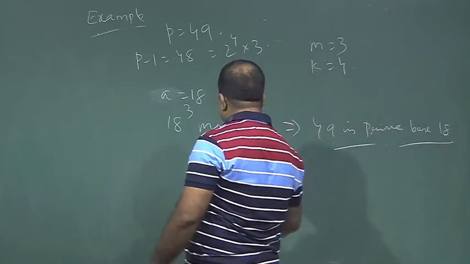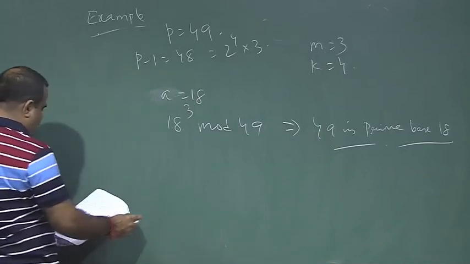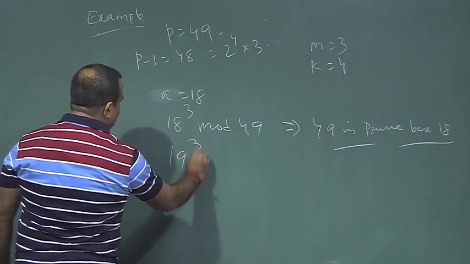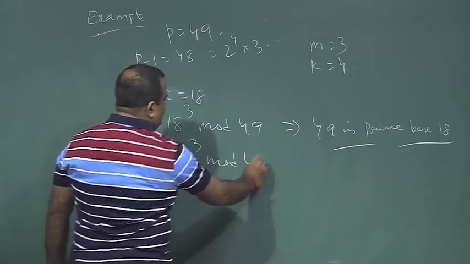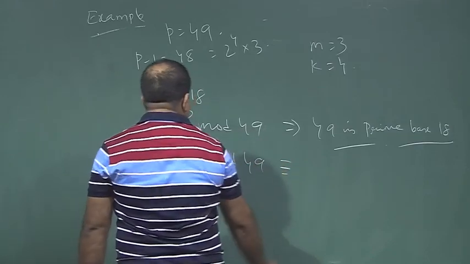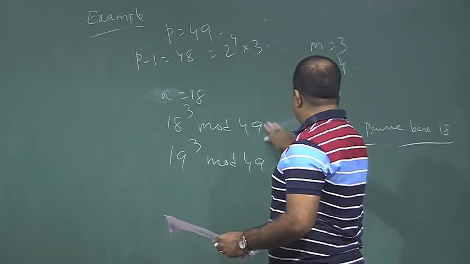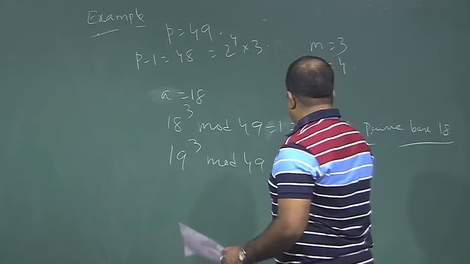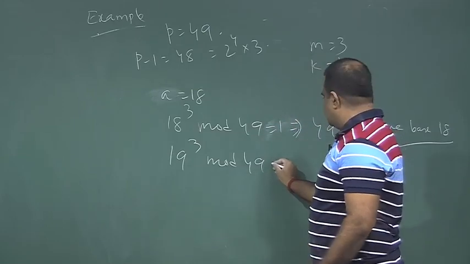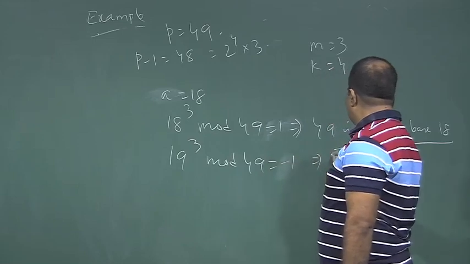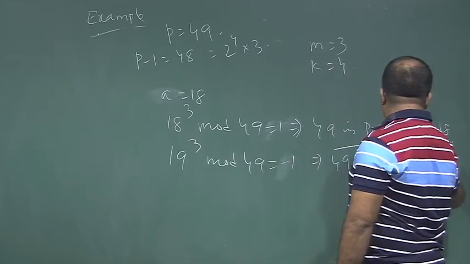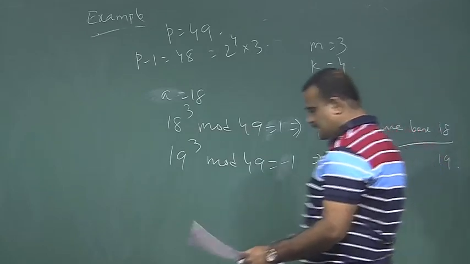Similarly, if we choose a equal to 19, then 19 to the power 3 mod 49 is congruent to minus 1. So, this also gives 49 is prime base 19.